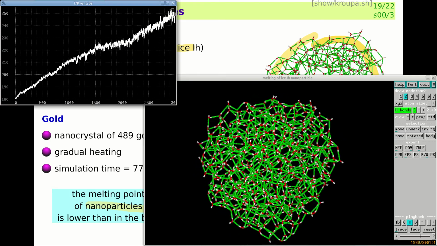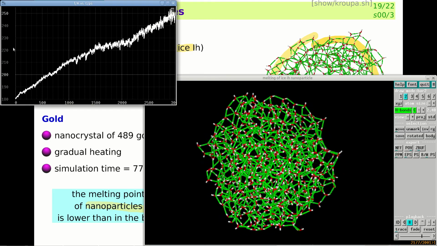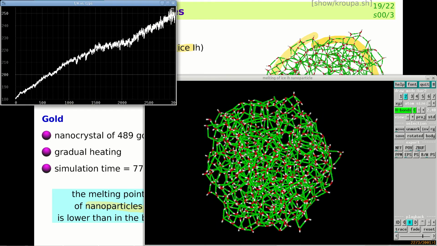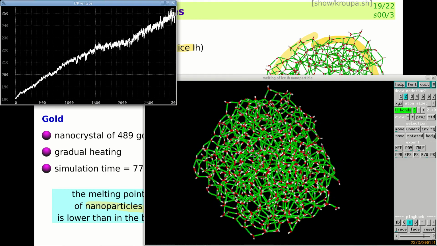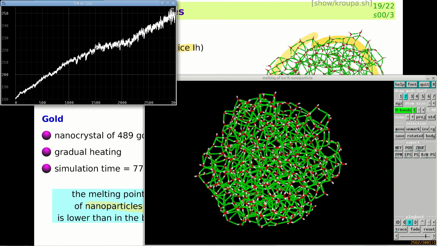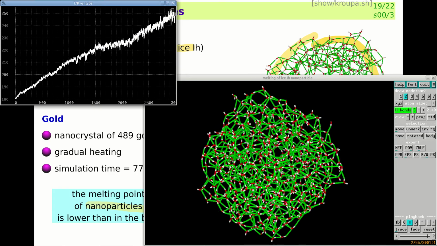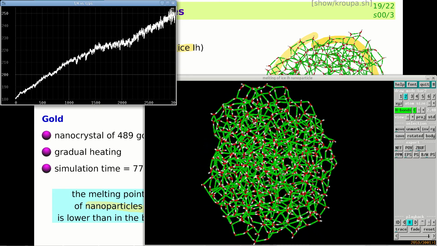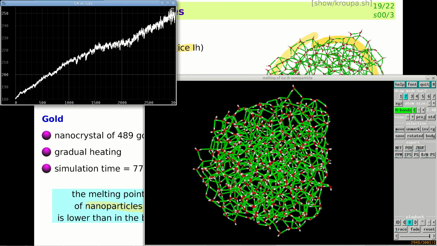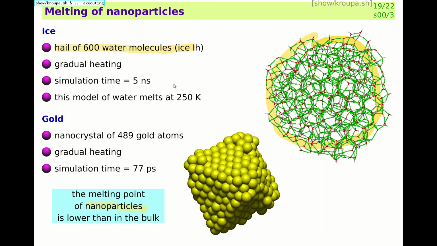Or better said, the heating rate is the same as the heat added to the system, but the rate at which the system increases temperature has a plateau here. This is an indication of melting, and it occurs at a lower temperature than in the bulk for this model of water, which actually has a lower melting point, but qualitatively this works fine.